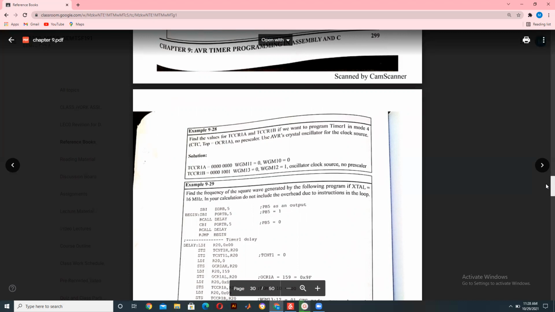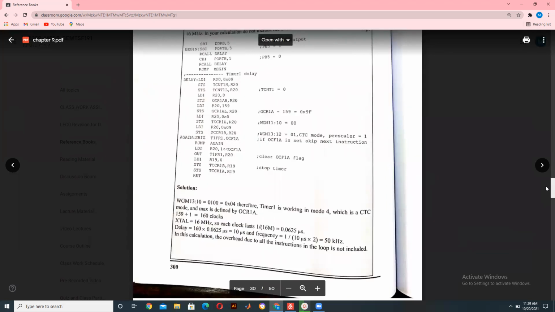In mode 4, our WGM12 value is equal to 1. Now the source code is included, and TCCR1A is equal to all zero, but TCCR1B is 00001001.